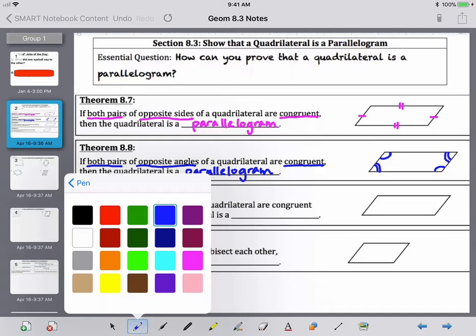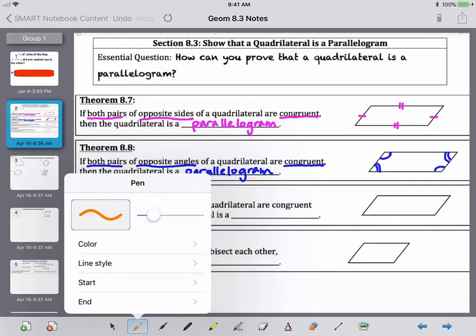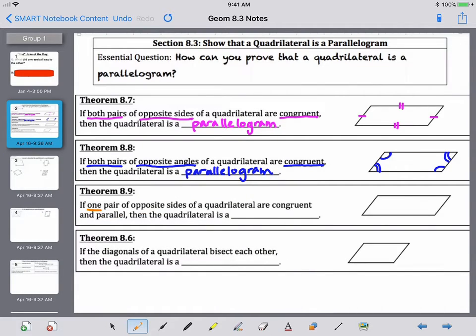Our third theorem, theorem 8.9, says that if one pair of opposite sides are congruent and parallel, then that quadrilateral is again a parallelogram. So we're filling in parallelogram for almost all of these today.